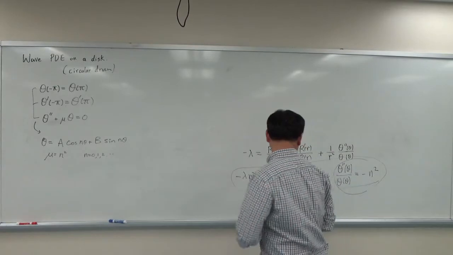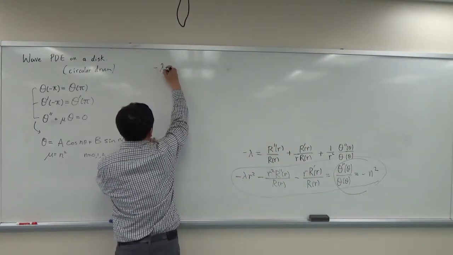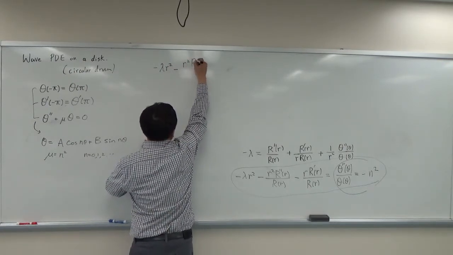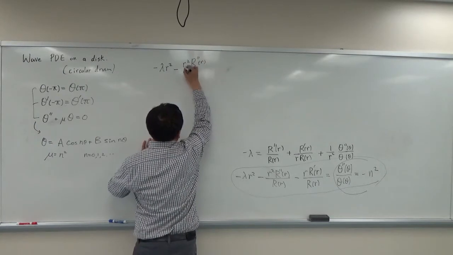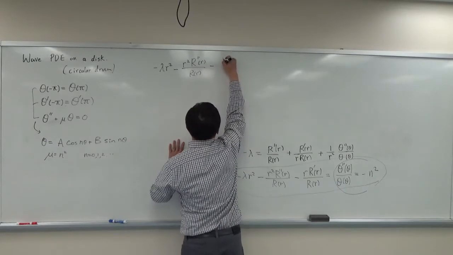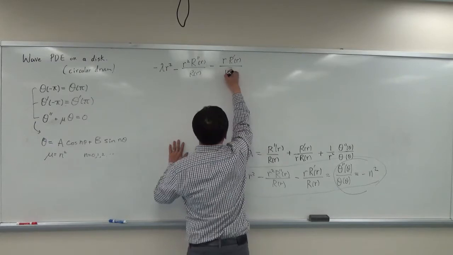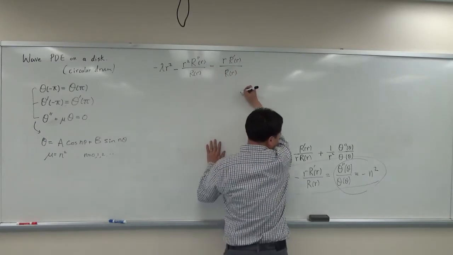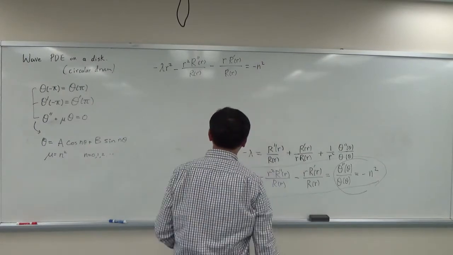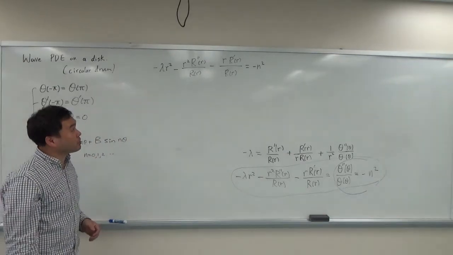So let's write down what we get for. We'll just copy it again and then start slow. Okay. R squared R double prime of R over R of R, plus R prime of R over R of R, and then equals negative n squared. Okay. So what we can do is we can multiply by R of R everywhere.